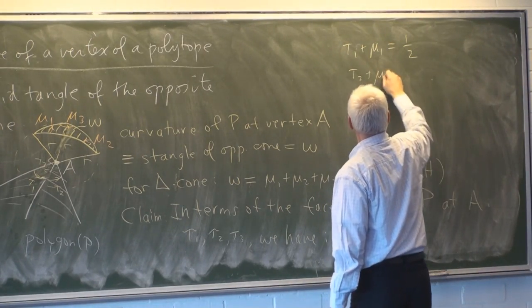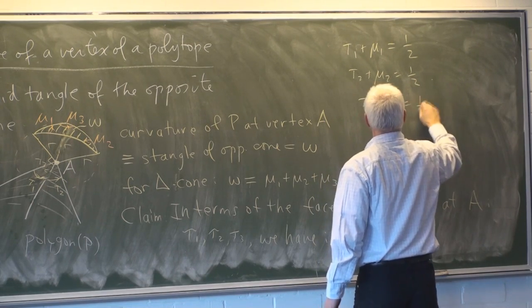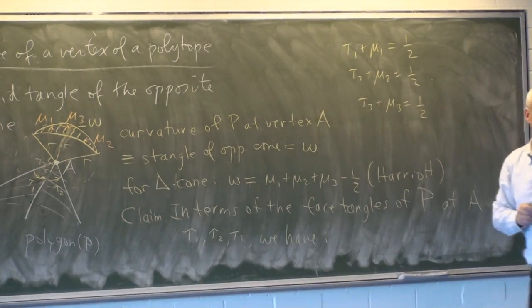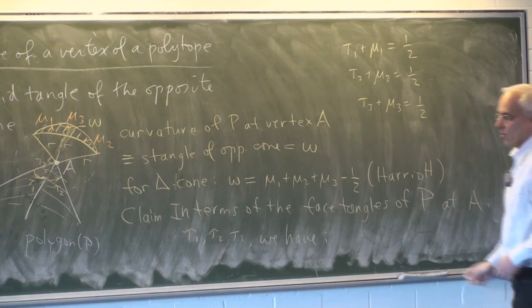Tau 2 plus mu 2 equals a half, and tau 3 plus mu 3 equals a half. Okay, so why is that?